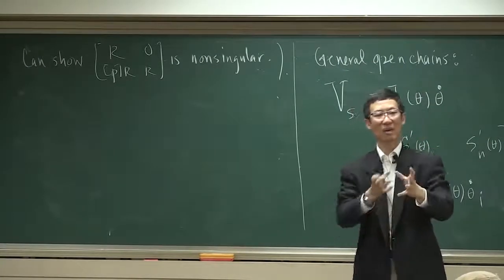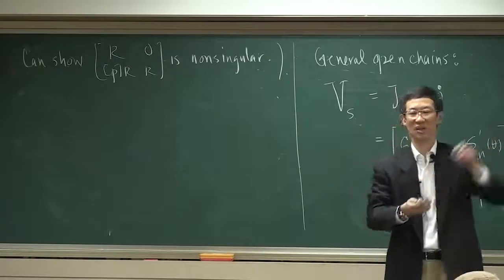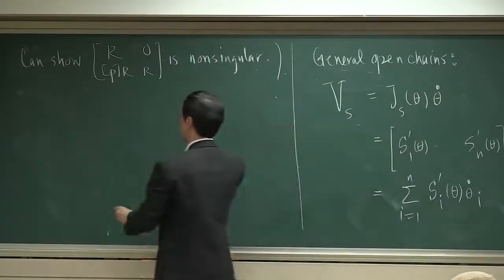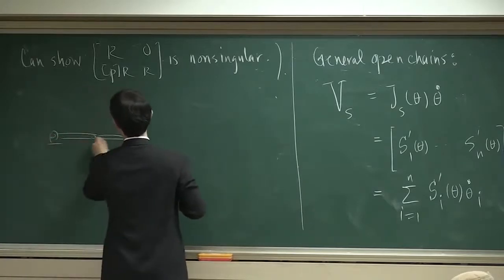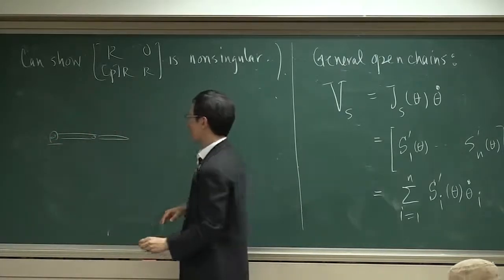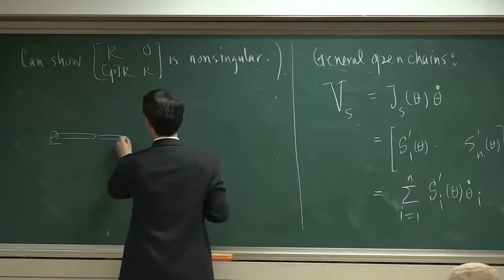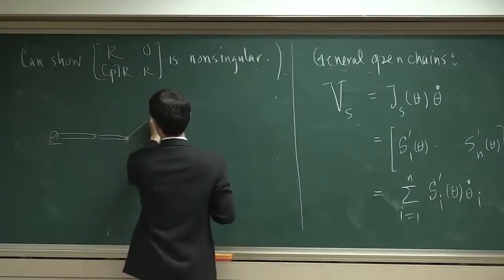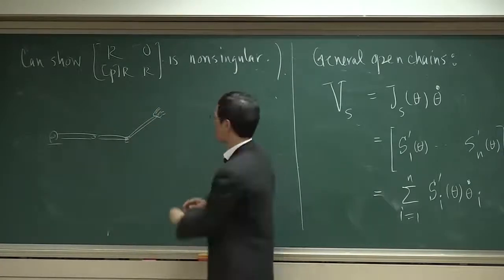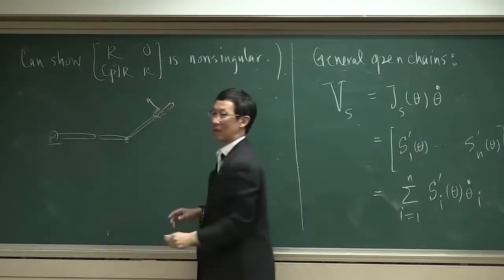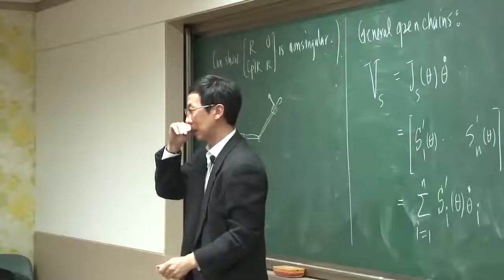So in other words, I'm going to move the end effector to another location. So basically the idea is that this is singular. So some guy says, oh, well, maybe I'll just have the robot hold like a long broom or something here, and I'll put the end effector here. And I'll say that's not singular.